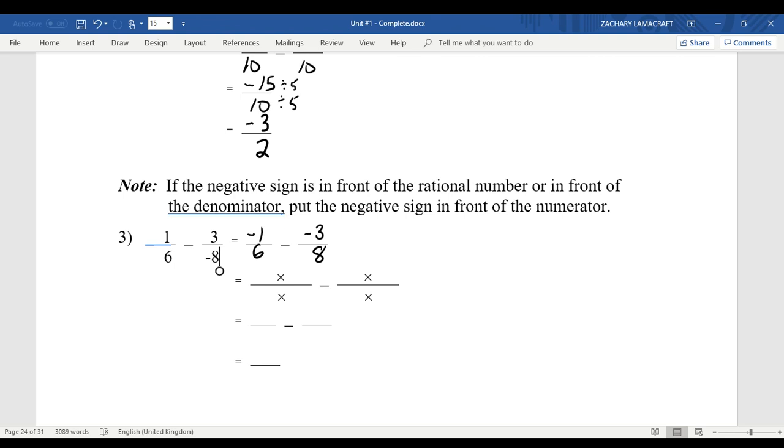What if I multiplied 8 by 3? What would I get? Yeah. Can I get 24 from 6 by doing what? 4, right? So in this case, LCD is 24.